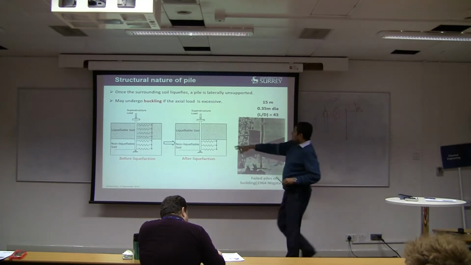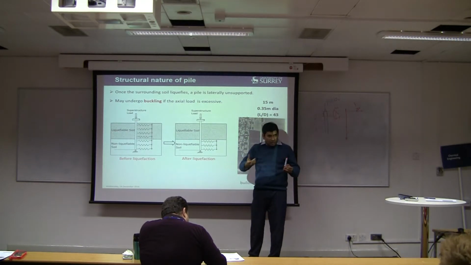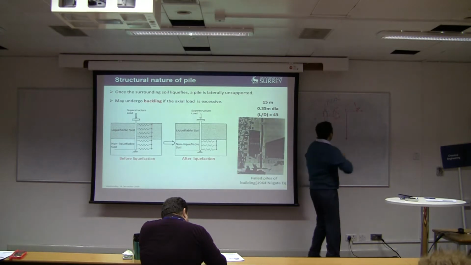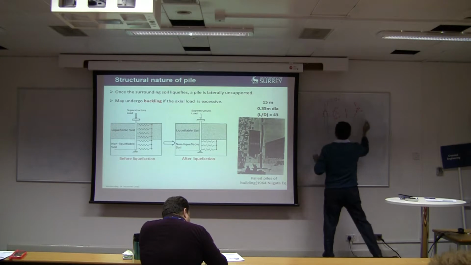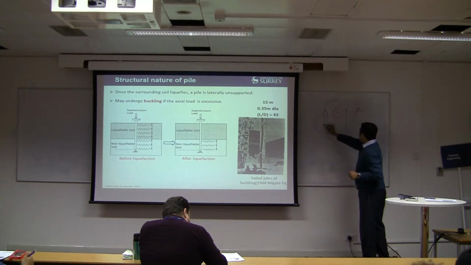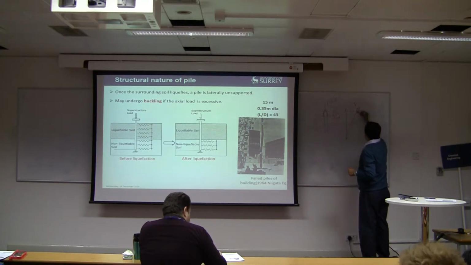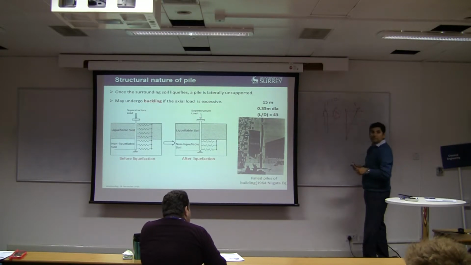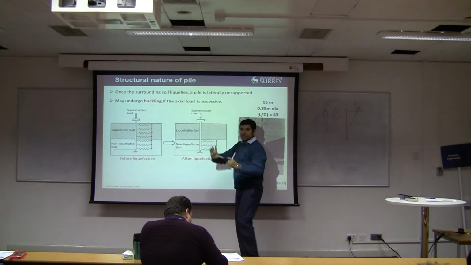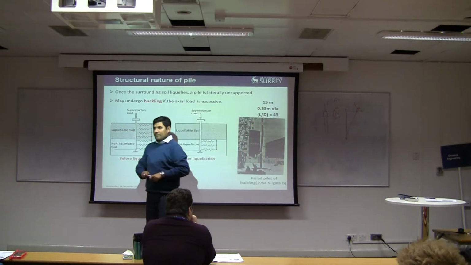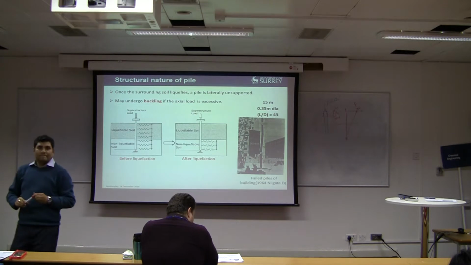So what happens in this case? When it liquefies, the load was earlier like that. As soil up to a depth liquefies, the load becomes straight, doesn't it? And then it starts to reduce, because you don't have any friction here as well.